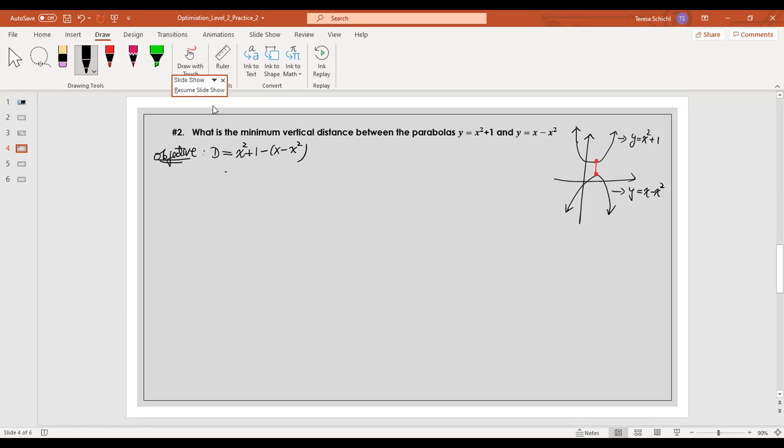Okay, so if you want to simplify it a little bit, use the distributive property, get rid of the parentheses, and you will have 2x squared minus x plus 1. Okay, now what is the condition? In here, we don't really have any conditions, right?